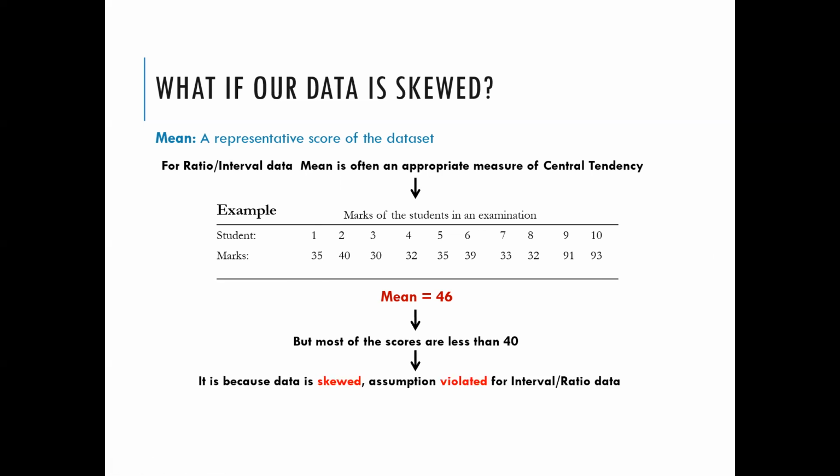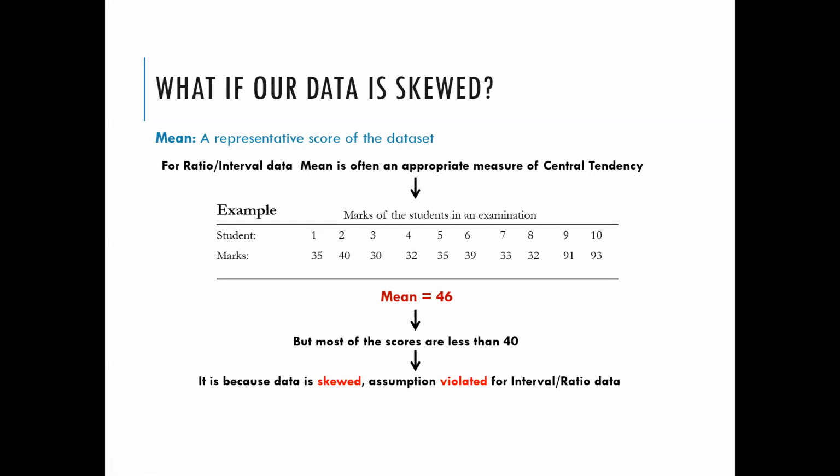The reason for this is because the data is skewed. So the assumption is violated for interval ratio data, and the mean is actually not a very good measure of central tendency for this particular data. This is a great demonstration of why it's so important to understand what your data looks like before you report statistics on it and before you proceed to doing your analyses.